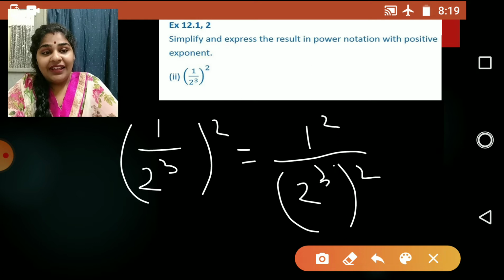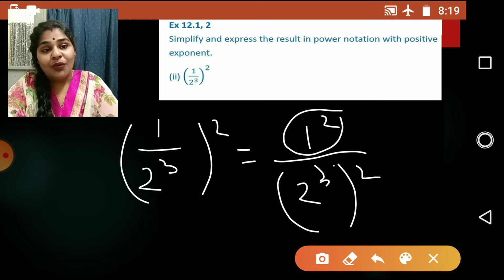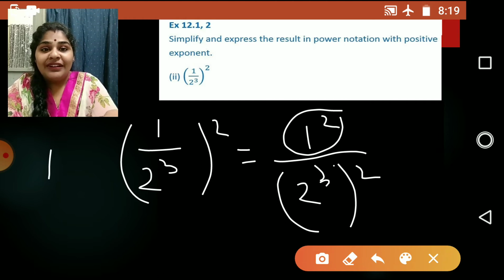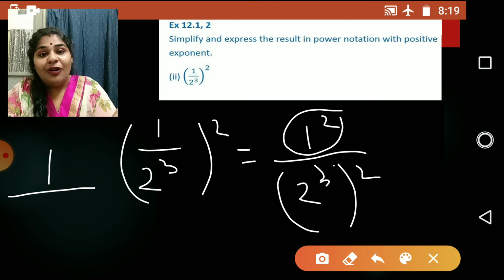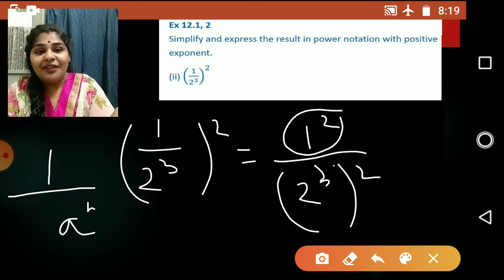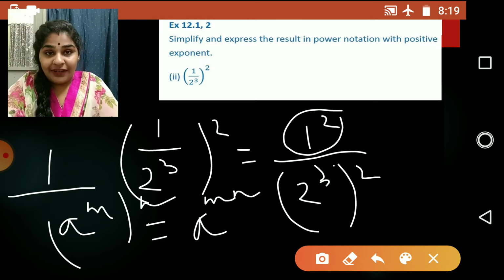Now here in the numerator it is 1 square, and we know 1 to the power anything, the answer will be 1, children. So in the numerator we can write 1 only, right? And in the denominator we use again the law a raised to m whole to the power n is equal to a raised to m into n, right?